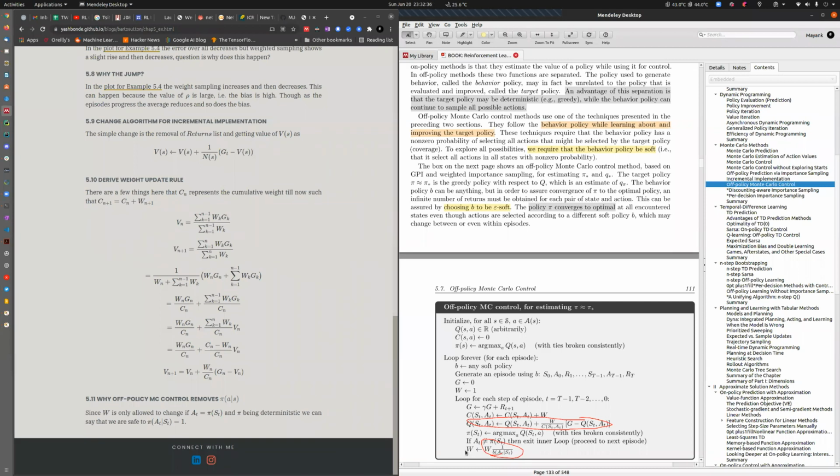This W is totally involved in determining our C, and hence the Q with respect to the weighted ties.